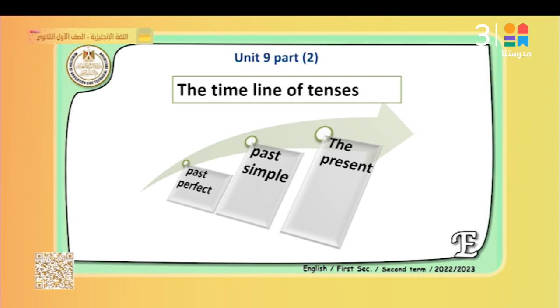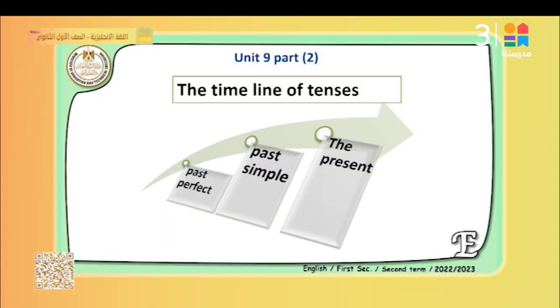So in order to imagine what is the past perfect, we can say that the present is the thing which happened today, for example, or the thing which usually happens every day. What about the past simple? The thing which happened yesterday or last year. What about the past perfect? For example, if I say, yesterday before I came to school, I had done a lot of exercise.